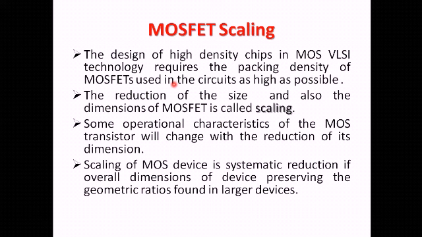Hence, there is a reduction of the MOSFET dimensions. So let us start the MOSFET scaling. The design of high density chips in MOS VLSI, that is very large scale integration technology, requires the packing density of the MOSFETs used in the circuits to be as high as possible.